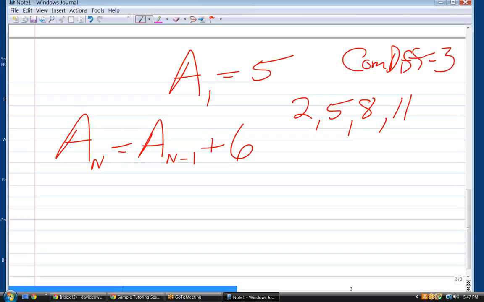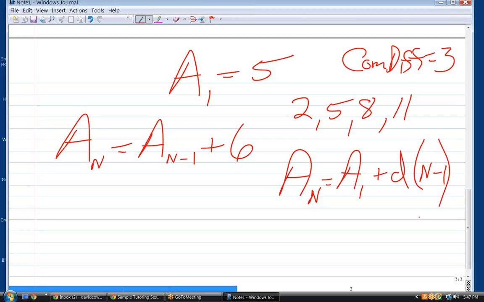If I want the normal expression for the nth term, it would be the first term plus the common difference times n minus 1. That's the normal expression of a sequence. That's not the recursive. This is the recursive. This is the explicit.